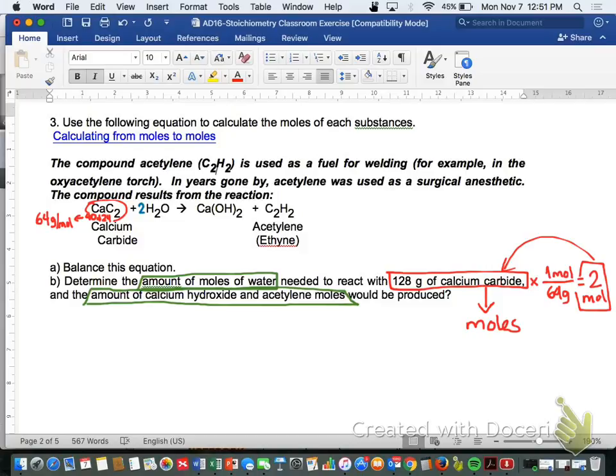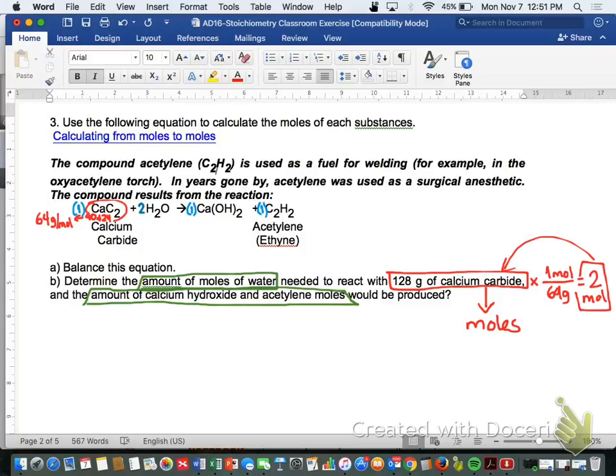Is that clear? So, 1 mole of calcium carbide needs 2 moles of water to produce 1 mole of calcium hydroxide. Even when I don't have any coefficient here, I know this is a 1, this is a 1, and we also have a 1 here.